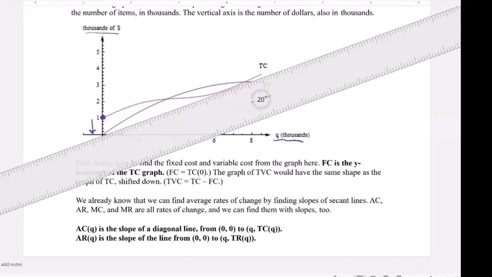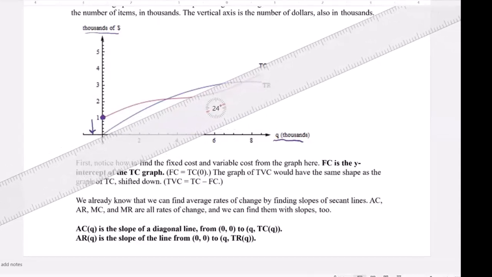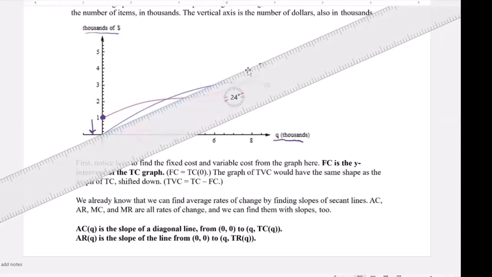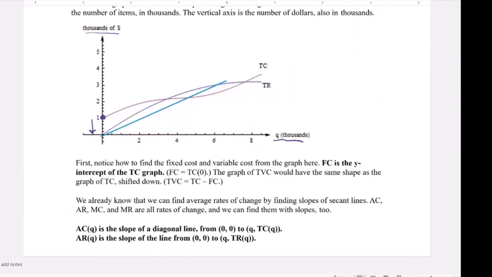So how many things do you want to sell? Let's do it here. So if I wanted to know at 6 what my average cost is, I can just say it's the slope of this line. Okay, so this would be the average cost.